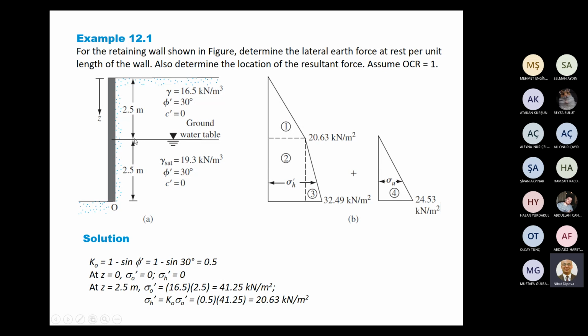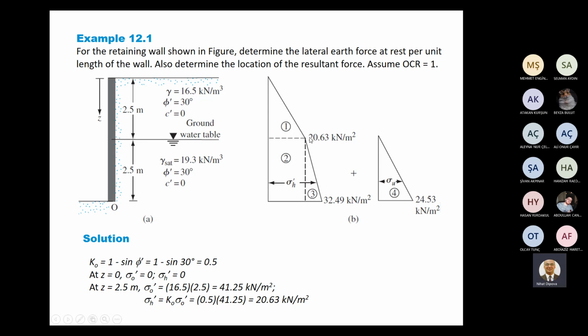At this depth down to groundwater table, at that 2.5, let us calculate vertical stress, 16.5, this is unit weight multiplied by depth. So this is soil stress. Multiplied with K0.